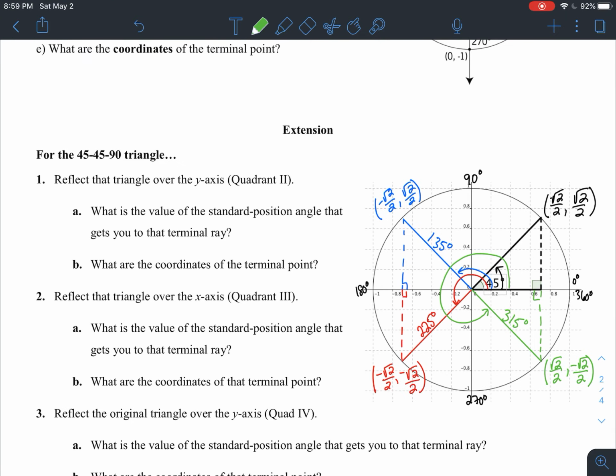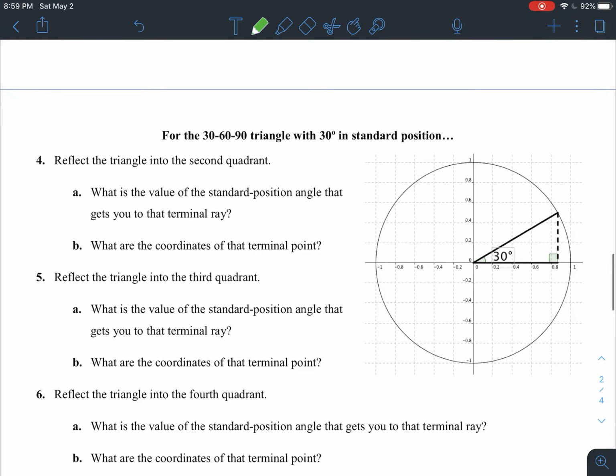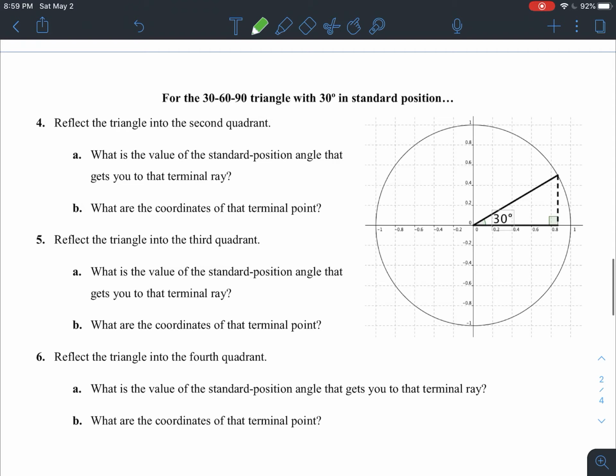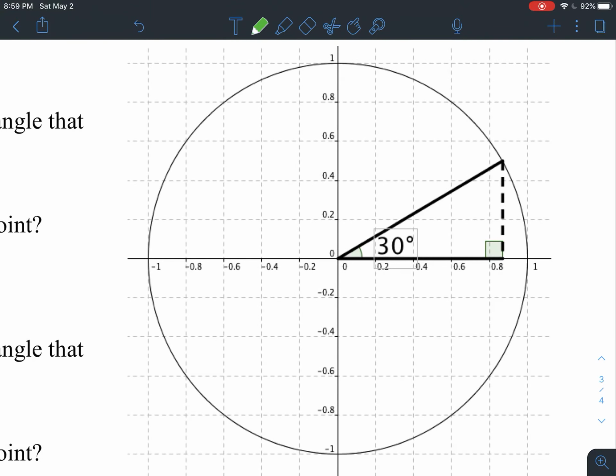Okay? So, for a 30, 60, 90 with a 30-degree angle in standard position, what we looked at before, our 30 degrees is square root of 3 over 2, comma, 1/2 for that original coordinate.